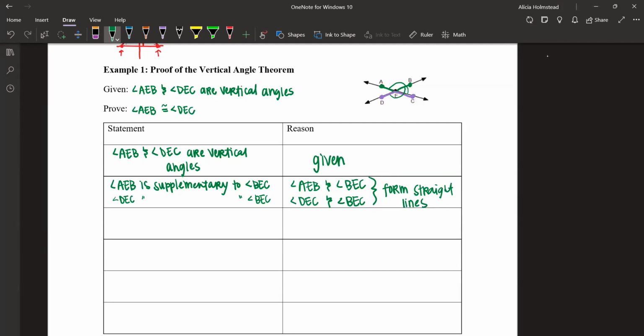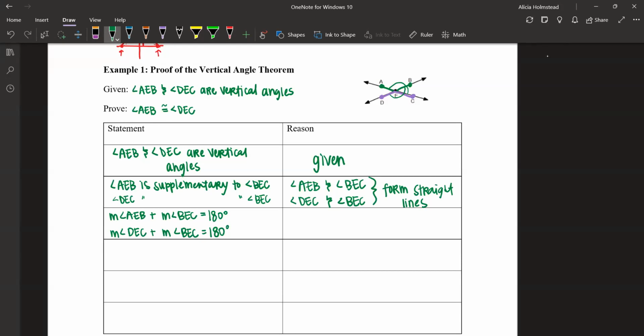Okay, so because they are supplementary, well, we know that they must add up to 180 degrees. So we know that the measure of angle AEB plus the measure of angle BEC, we use that little m when we're trying to quantify the angle, it's the measure of it, is equal to 180 degrees, as well as the measure of angle DEC plus the measure of angle BEC is 180 degrees.